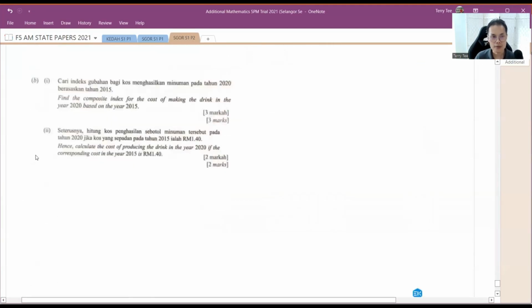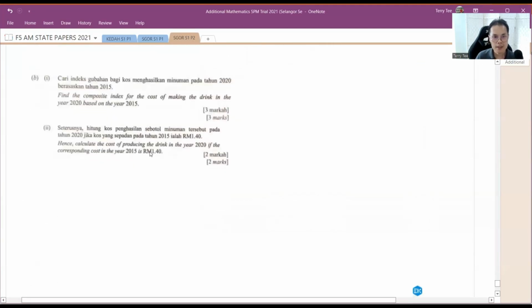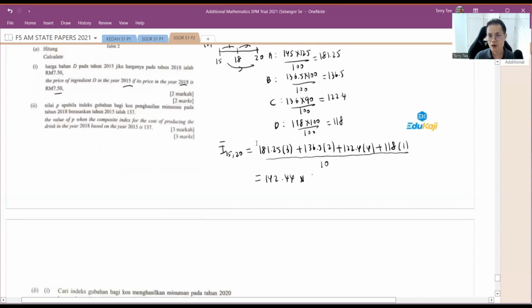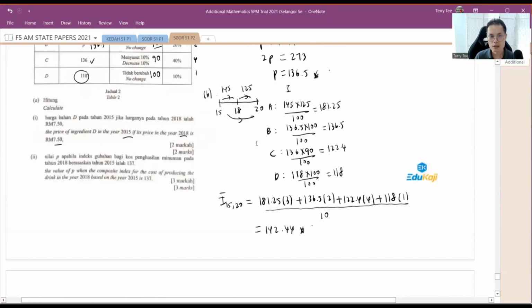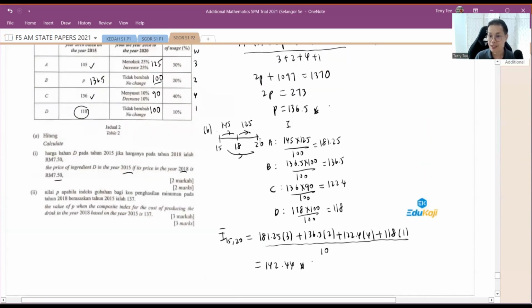Lastly, one more part. Hence, calculate the cost of producing the drink in the year 2020 if the corresponding cost in 2015 is 140. Remember, these are the overall costs that go into making a drink. From 2015 to 2020, your cost has increased by 42.44%.